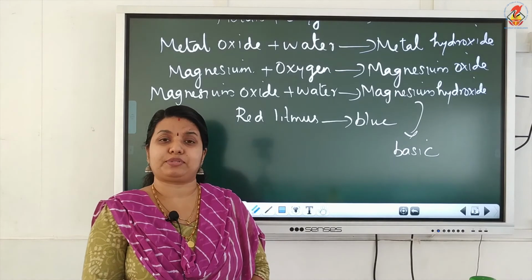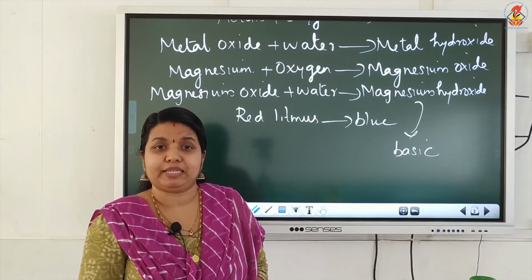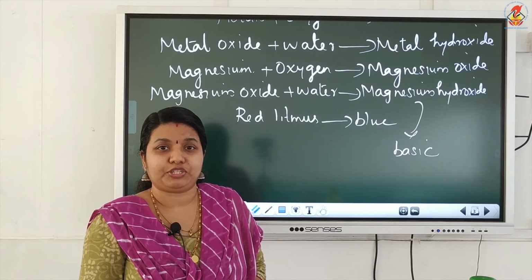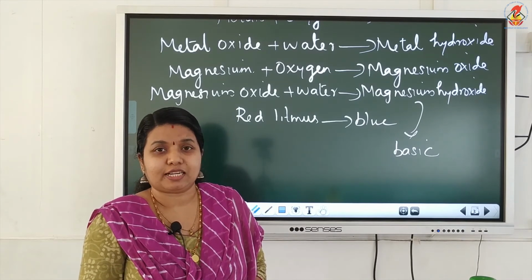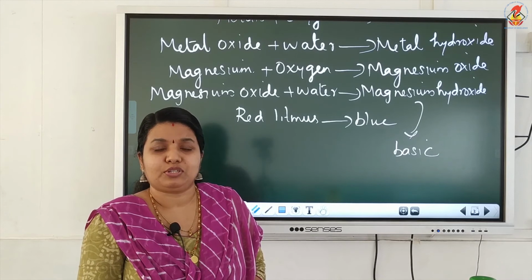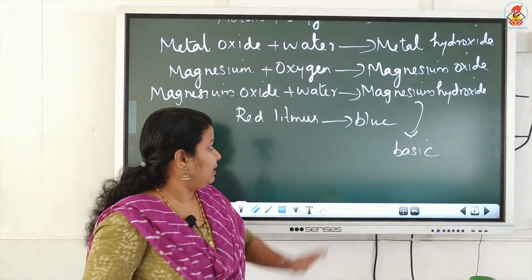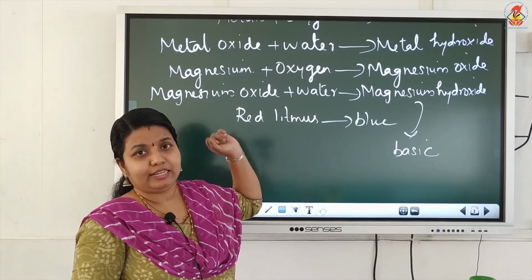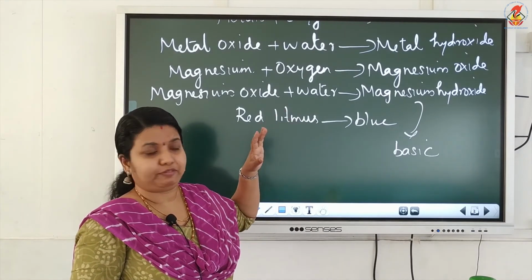Magnesium burns in oxygen to form a white ash of magnesium oxide, which when dissolved in water changes to magnesium hydroxide. It changes the color of red litmus to blue, showing that it is basic in nature. All these equations you have to learn. This equation we have already learned in 7th standard.